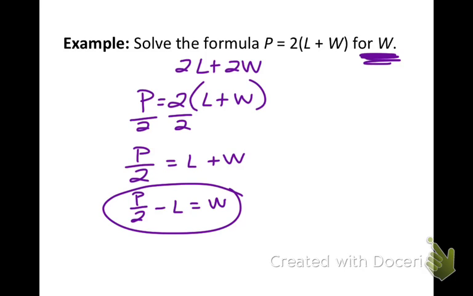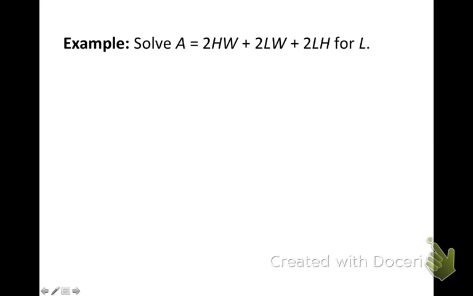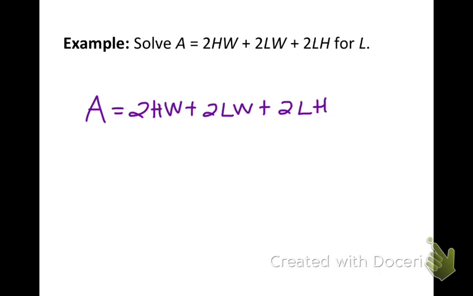All right, so let's do one that's really long with a 2 as a common factor. Is everybody ready? All right, so next one is A equals 2HW plus 2LW plus 2LH.